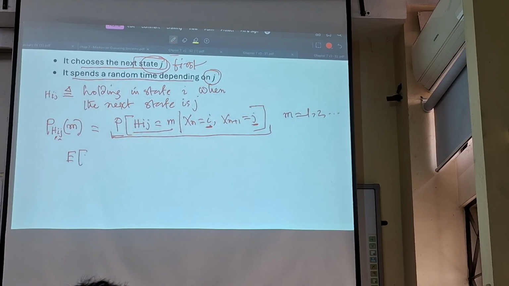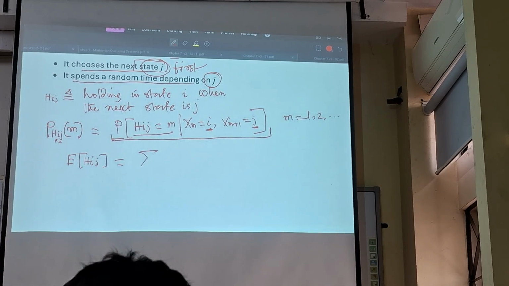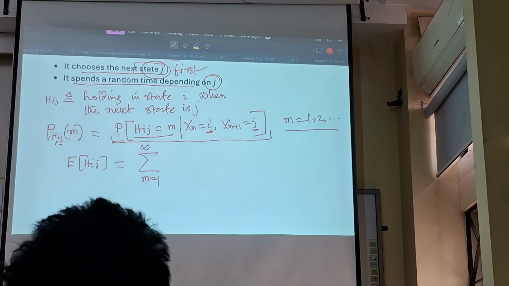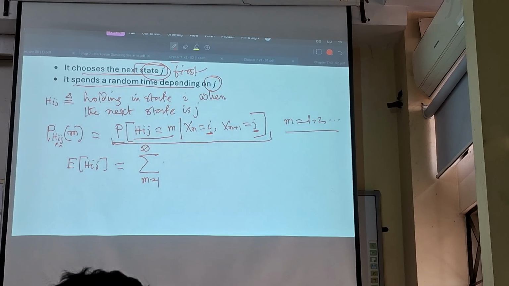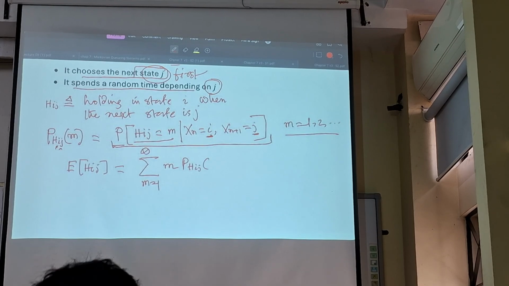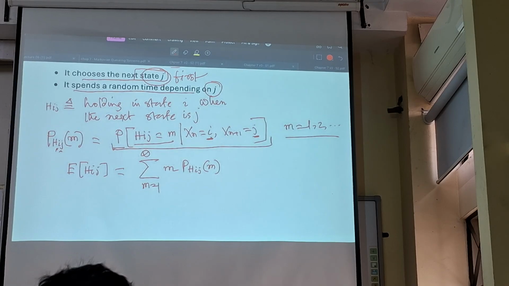We can calculate the expected value. What is the expected value? For all values of m equal to 1 to infinity, m will be multiplied by the PMF of H_ij, right?